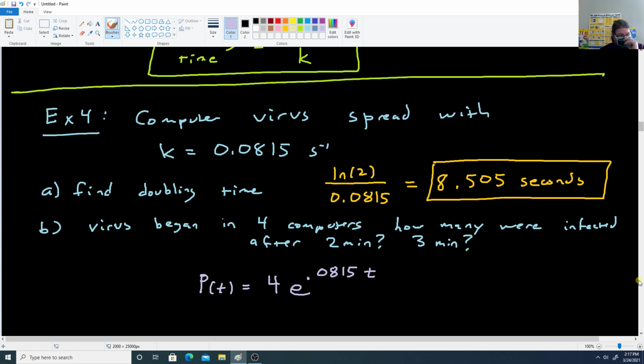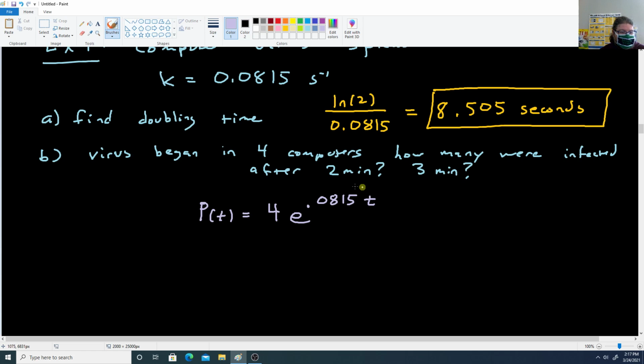And so they say, all right, how many are infected after 2 minutes and after 3 minutes? 2 minutes is 60 seconds, so for 2 minutes we'll put 60 seconds in for our time. 3 minutes would be 90 seconds. No, that's completely wrong. 2 minutes is 120 seconds. 3 minutes is 180 seconds. Anyway, so 2 minutes, 120 seconds.